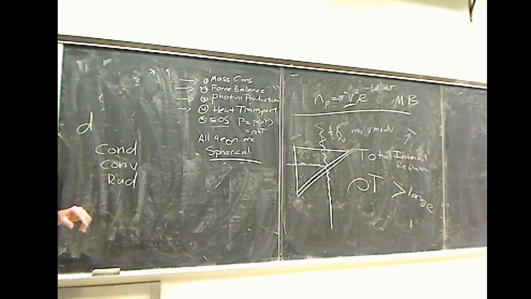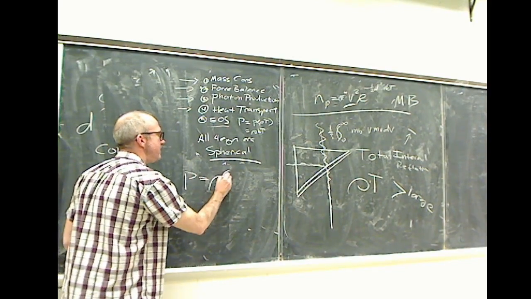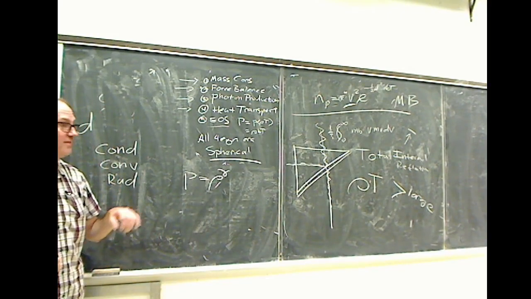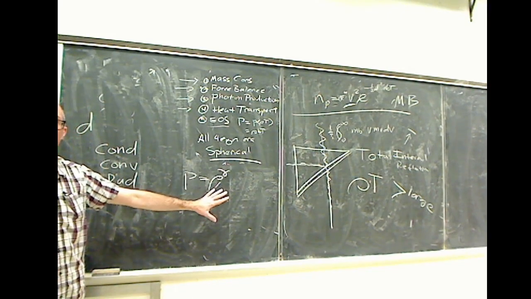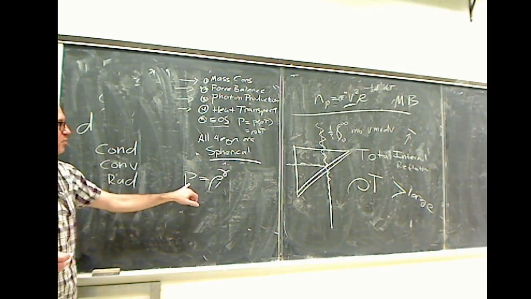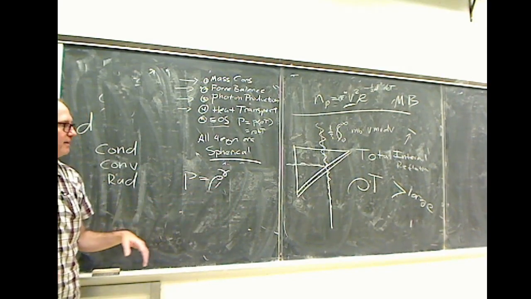What is gamma? Gamma is the adiabatic index. P equals rho to the gamma, that's the gamma. If this isn't familiar, I will explain on Monday. This is pressure, this is density, and this is the adiabatic index.